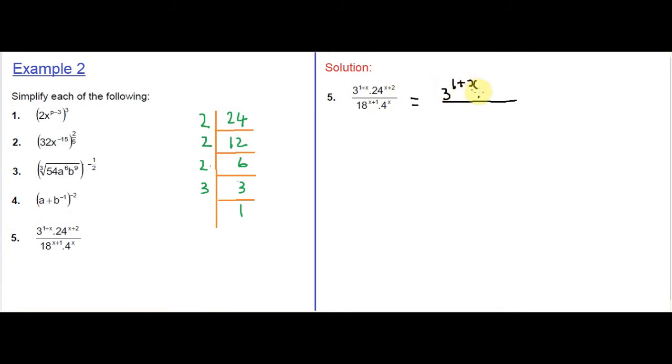So then 24 we can write as 2 cubed times 3, and this, of course, is all to the power of x plus 2. Once again, we can find prime factors of 18, and we see that it comes to 3 squared times 2. And then prime factors of 4 will be 2 squared, all to the power x.